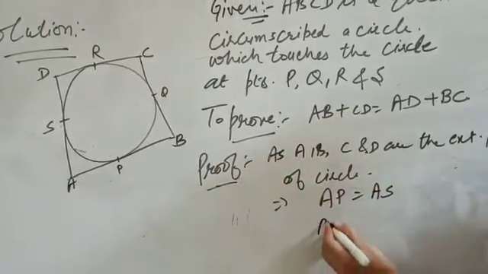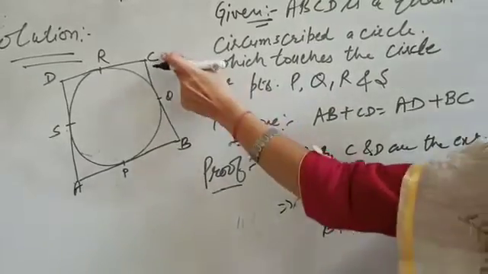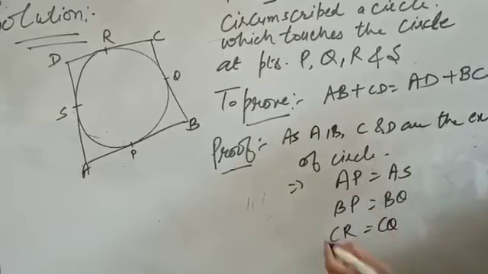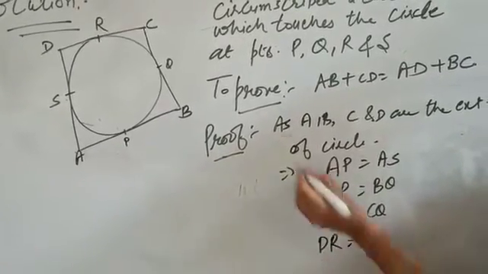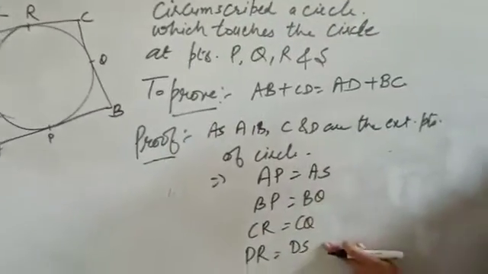From point B, BP is equal to BQ. From point C, CR is equal to CQ, and DR is equal to DS.